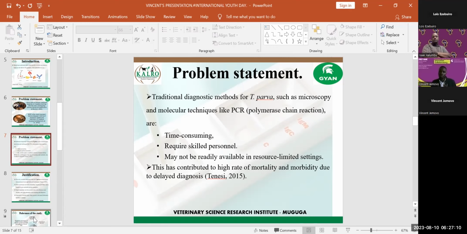So for a farmer to know that my cattle is suffering from ECF, he or she has to call for the technician to come and pick a sample and then travel back to the lab to test using PCR or microscopy that require very large time before the results are depicted. And by then we waste a lot of time waiting for the results. This finally results in more death and morbidity in these animals.